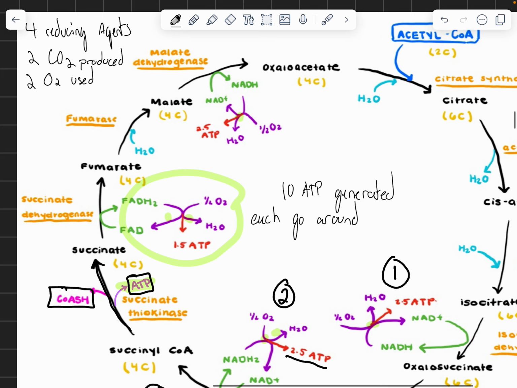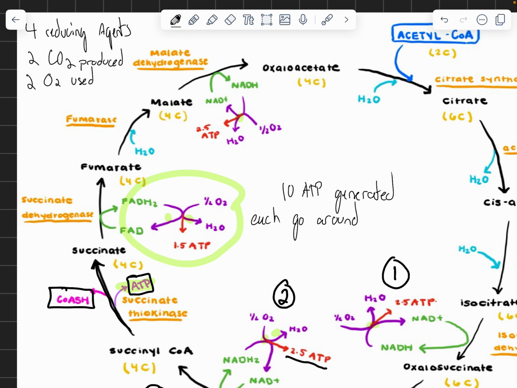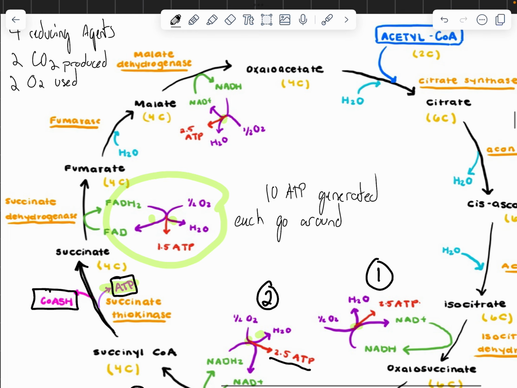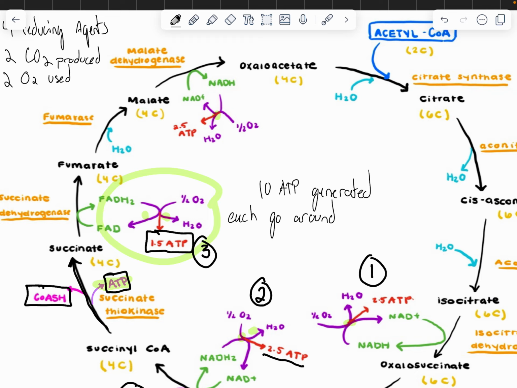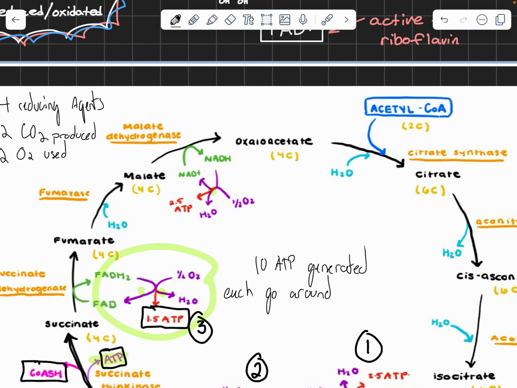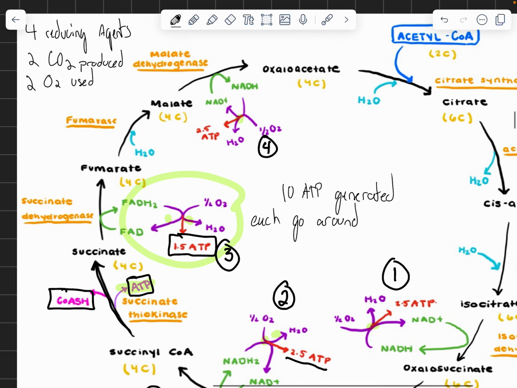And then we get up here going from succinate to fumarate, and would you look at that? FADH to FAD. And that produces 1.5 ATP. So that's our third redox reaction. And then go through a couple more reactions, pop up here, malate to oxaloacetate through malate dehydrogenase. And again, we produce another 2.5 ATP, and that's our fourth redox reaction.